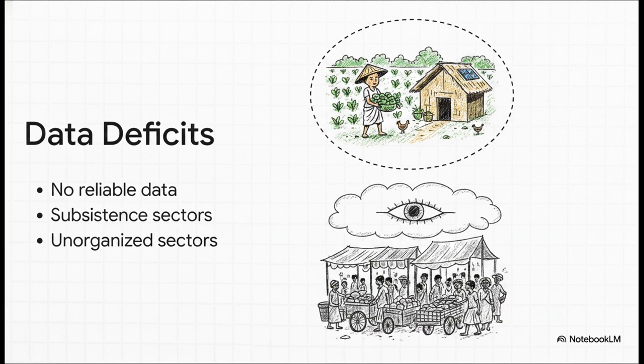This is where farmers produce food primarily just for their own self-consumption. Now, we try to assign an imputed value based on market prices, but gathering data on millions of off-the-grid subsistence farms, it's incredibly difficult. Furthermore, you have these massive unincorporated and unorganized sectors that operate entirely outside of formal tax and banking systems. That makes their output virtually invisible to national accountants. It is a highly statistically fraught endeavor.